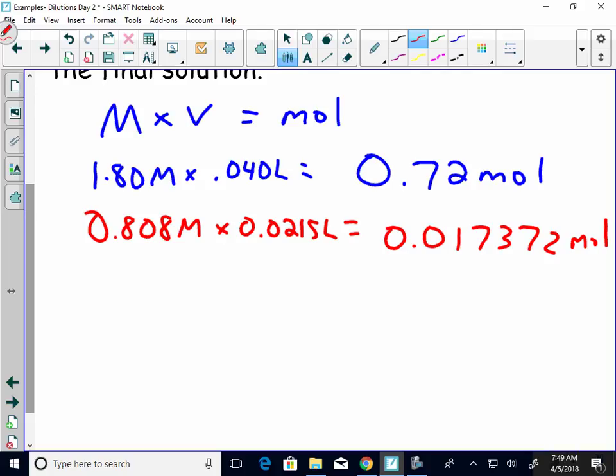Now, when I mix these two solutions together, I'm going to have the amount of moles that are there if I add those two together.